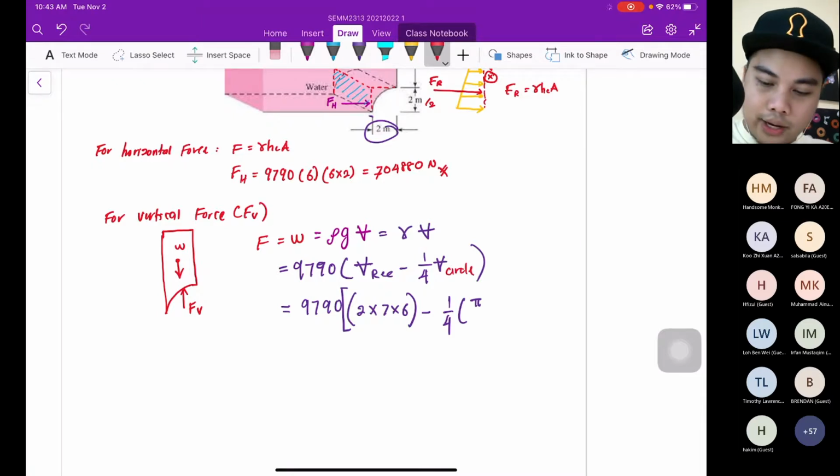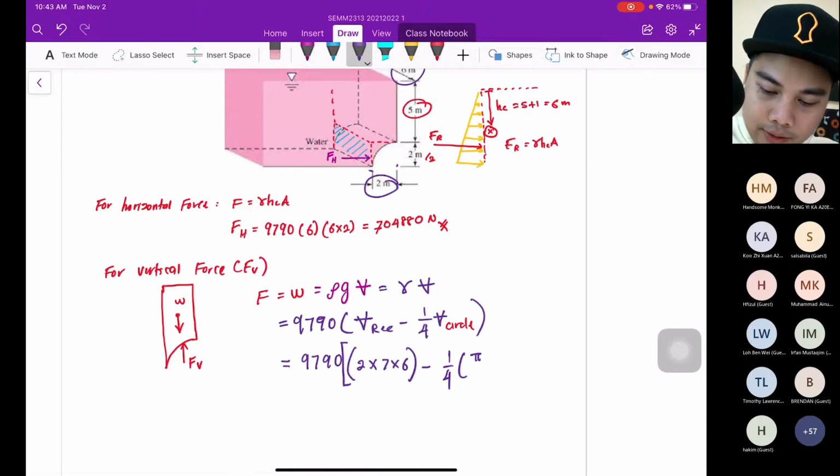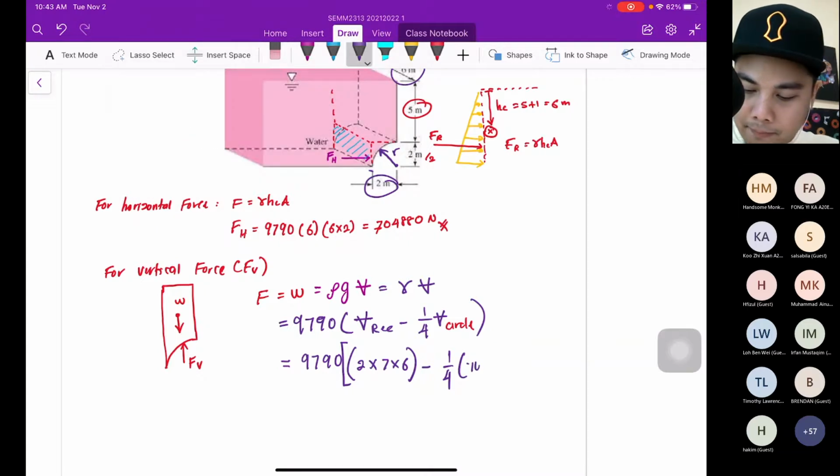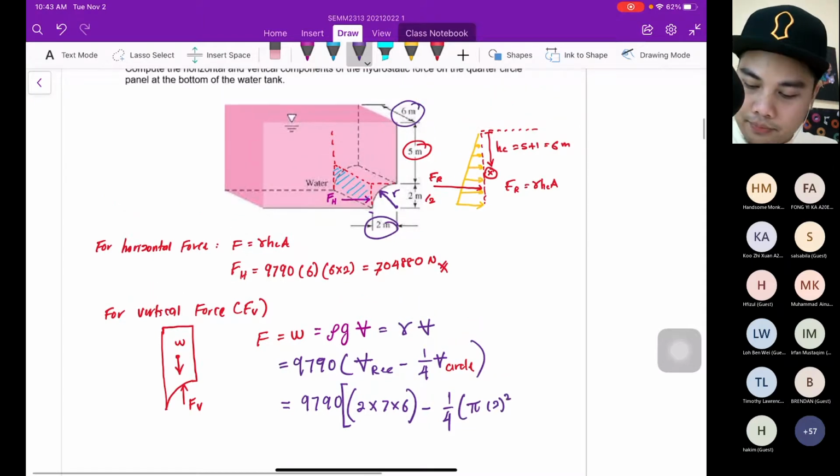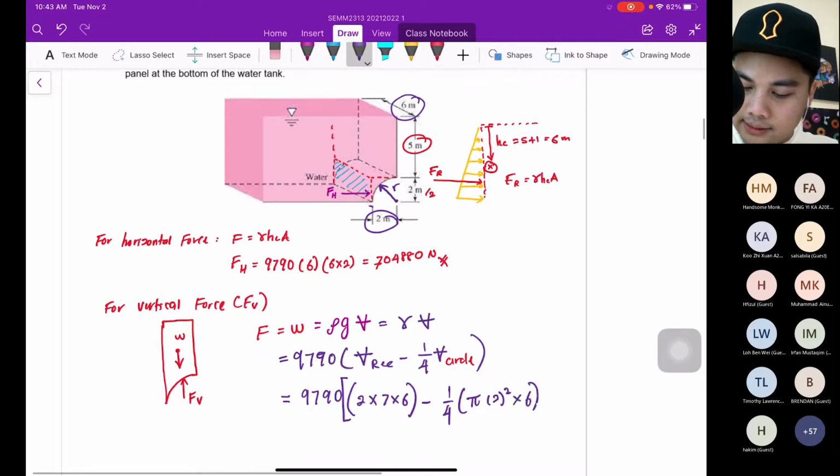Okay, pi r squared, where r is basically this one. The radius is 2, 2 squared, pi r squared multiplied by the depth, which is 6.